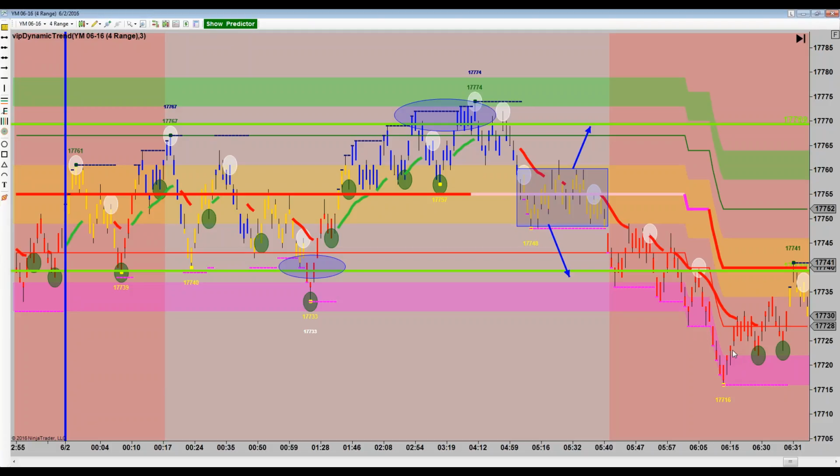What types of trades are we looking for based on the change that you see right here on the chart? Shorts. Yeah.